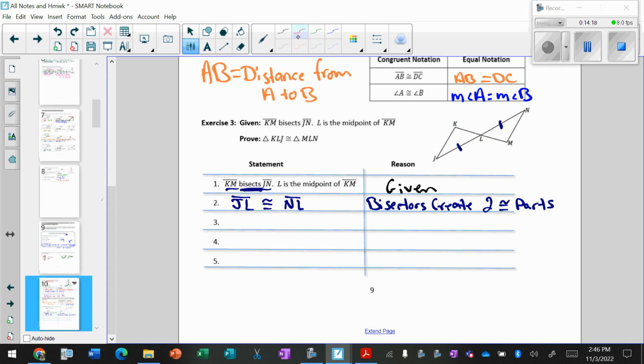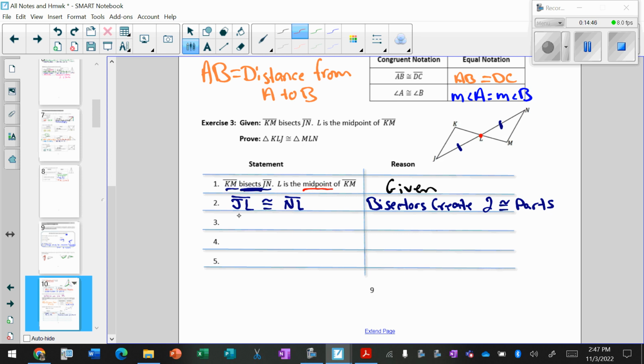Next piece of given information is the word midpoint. A midpoint is called a midpoint because it is the point in the middle. So if L is the point in the middle of KM, what pieces are equal? If it's in the middle, that means it's the same distance on both sides. So which pieces are the same on both sides?